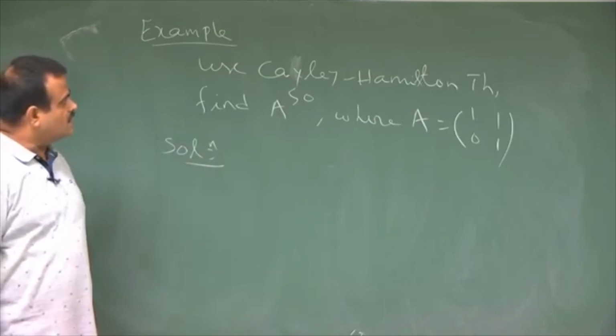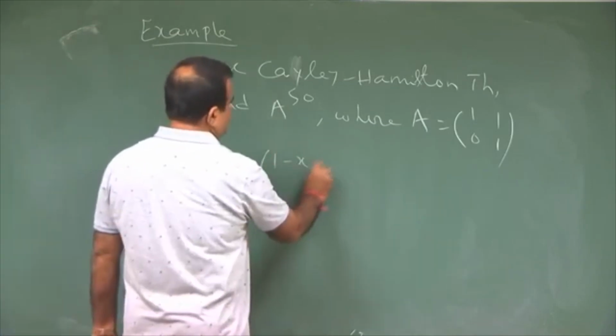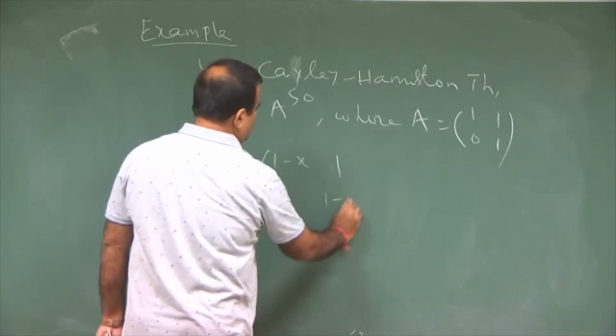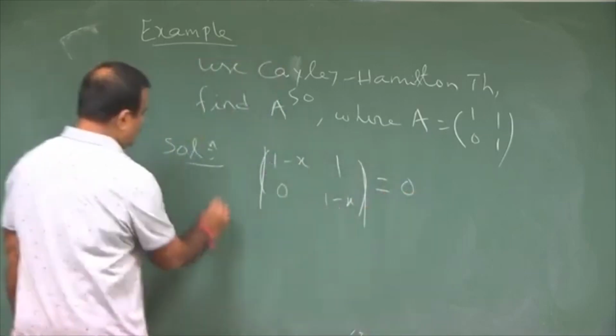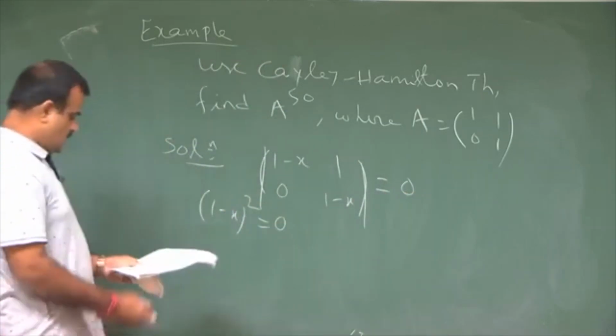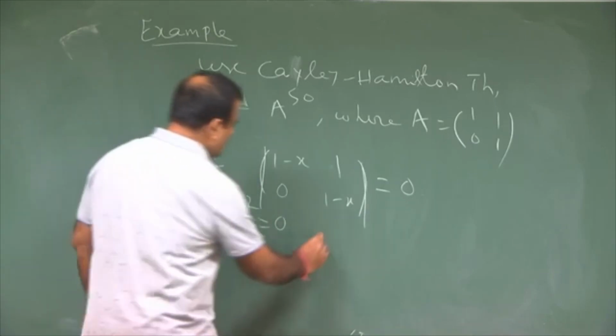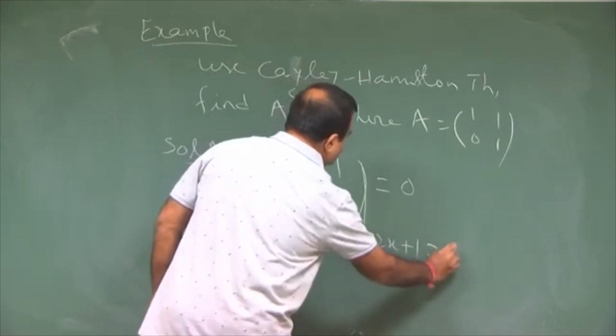So, how to get this characteristics polynomial? The determinant of 1 minus x, 1, 0, 1 minus x is 0. So, this is giving us 1 minus x whole square is 0. Okay. So, this is telling us x square minus 2 x plus 1 is equal to 0.